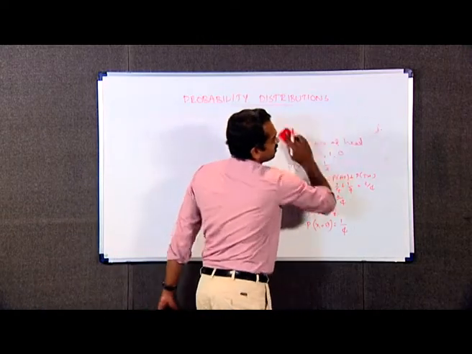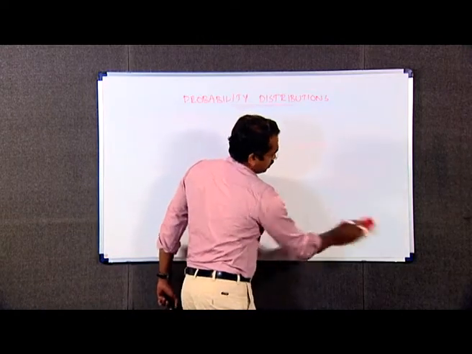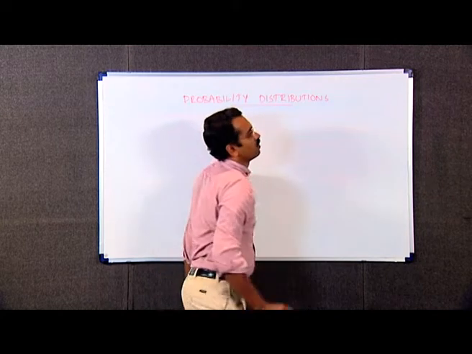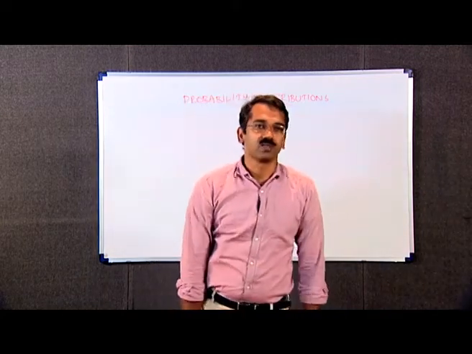In the discrete case, the probability distribution is termed the probability mass function.